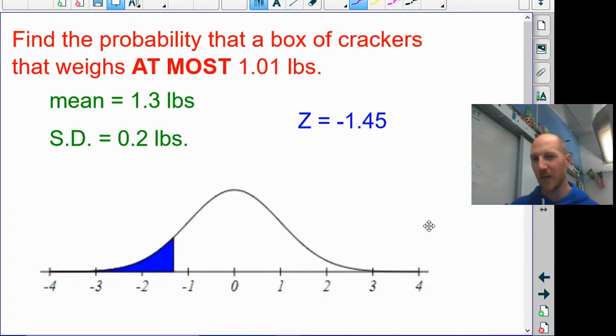Instead, in order to save space so we can get this into a more useful size, like a single piece of paper instead of a whole book, the table is organized so that we find on one axis the negative 1.4, which will be down the side of the table, and then the second decimal place, which is 5, we're going to look for across the top of the table. Just as a space-saving device, the first 2 digits are on one edge and the second decimal place we find on the other edge of the table.